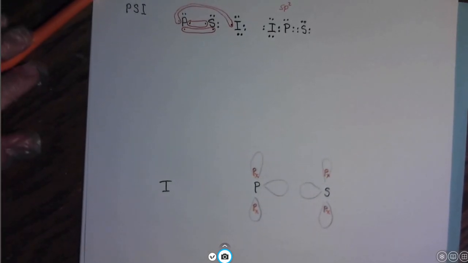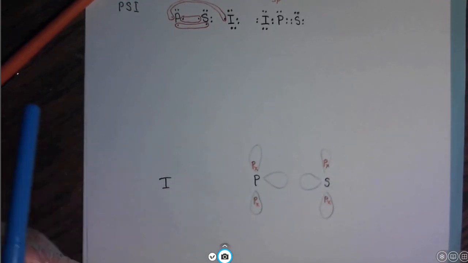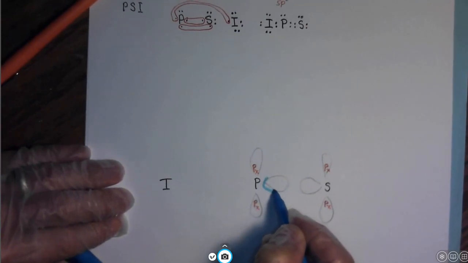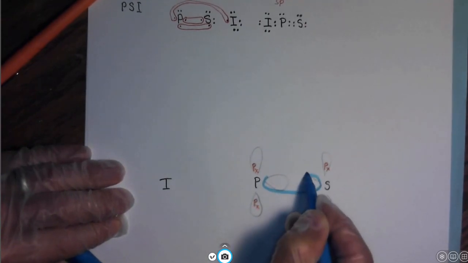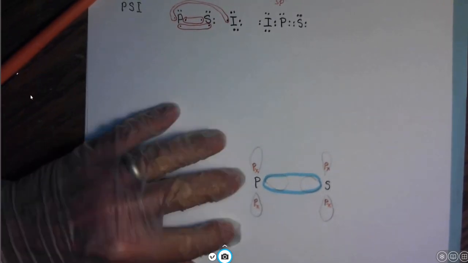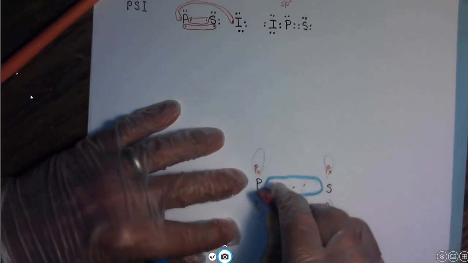So if I have a hybridized orbital on both these two atoms and an unhybridized p orbital on both these two atoms, the hybridized orbitals can form a sigma bond like this. And I'll kind of erase the bond markings in here to make it easier to see what I'm doing with the labeling. Okay.